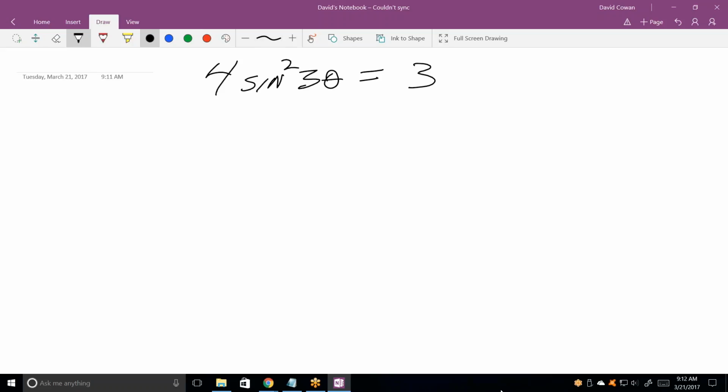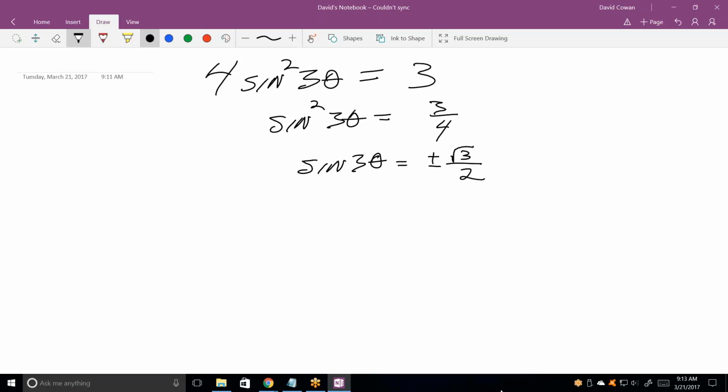First divide by 4 on each side. So that gives you sine squared 3 theta equals 3 over 4. Then take the square root of both sides. And that gives you sine 3 theta equals plus or minus root 3 over 2.